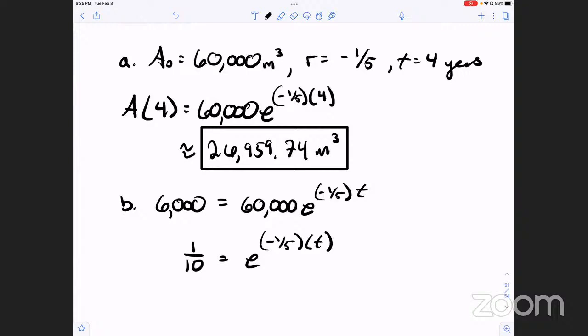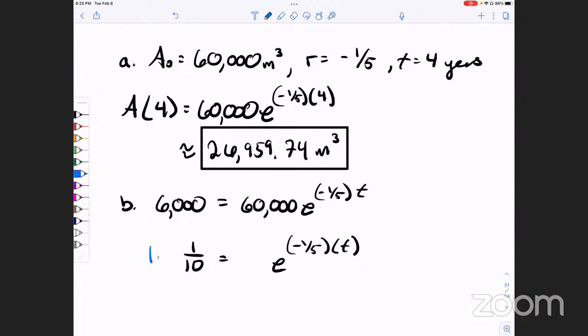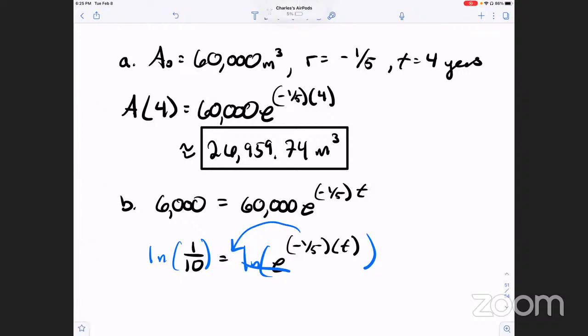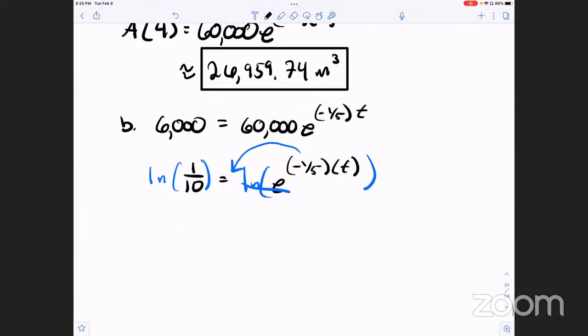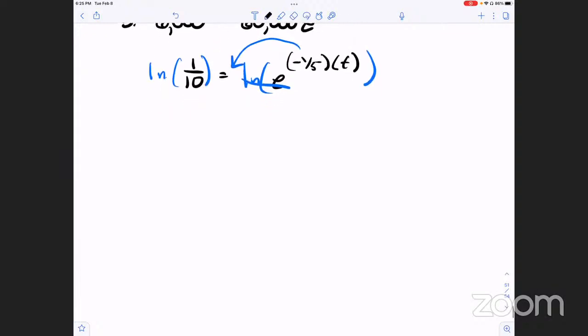If we want to get that out of the exponent, we take the natural log on both sides. Okay. Here, natural log here. These guys cancel, and that brings us out of the exponent. And we can leave that as the natural log of 1/10.